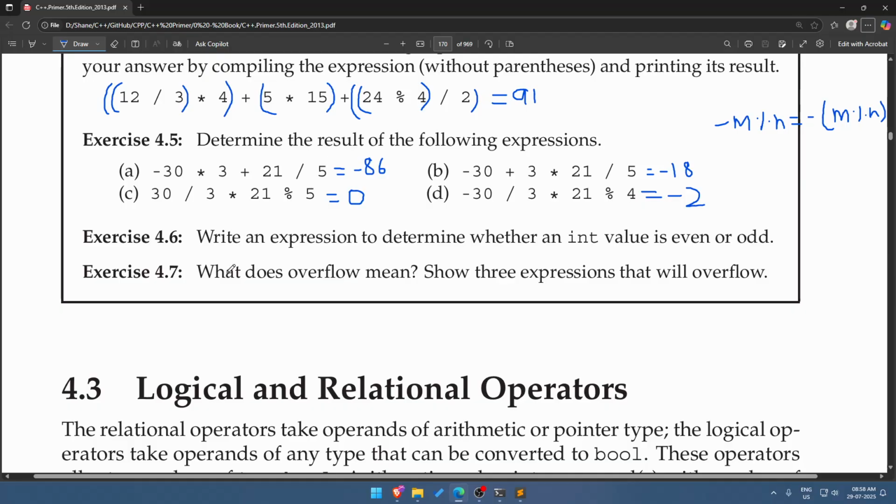Okay, great. What does overflow mean? Show 3 expressions that will overflow. Okay.